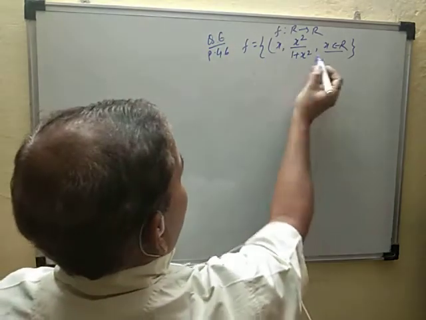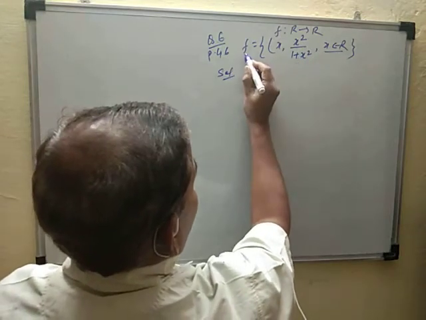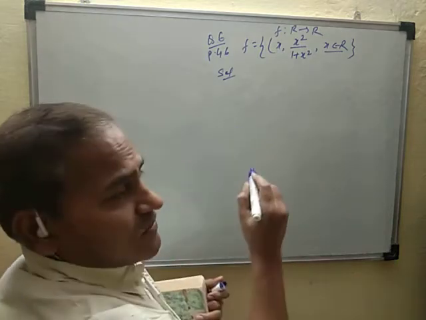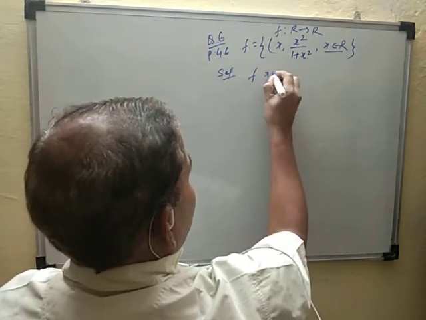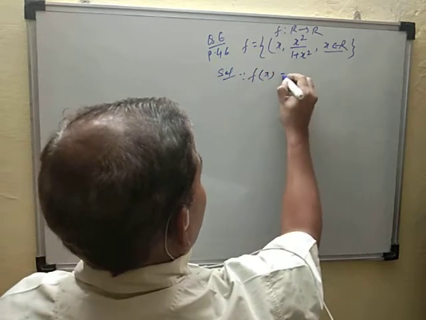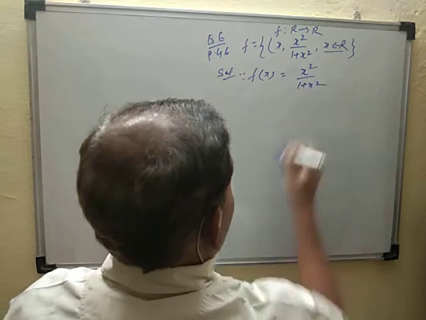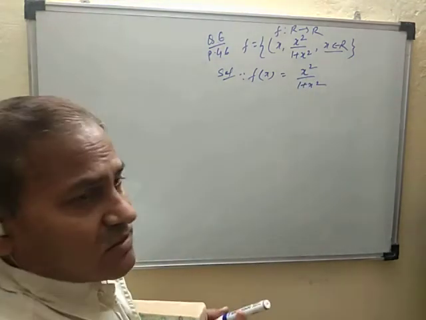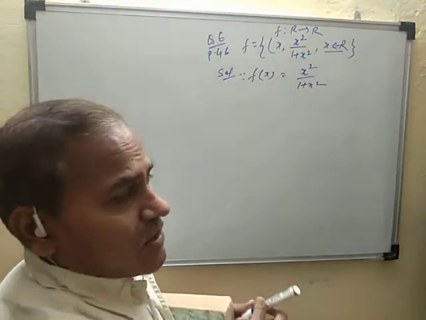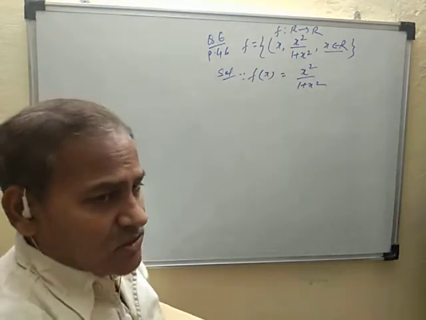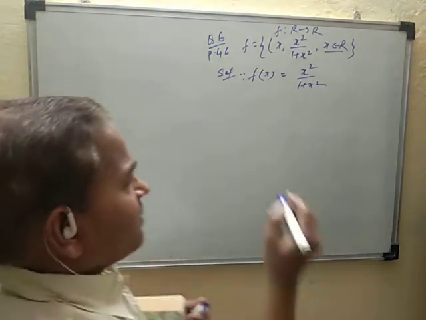So f is equal to this, meaning f of x is equal to x square by 1 plus x square. This can also be written f is equal to x comma this. So find the range, that is the value of f of x.